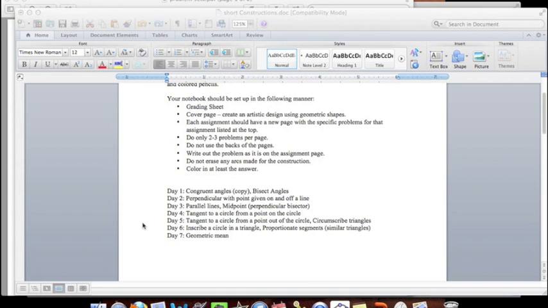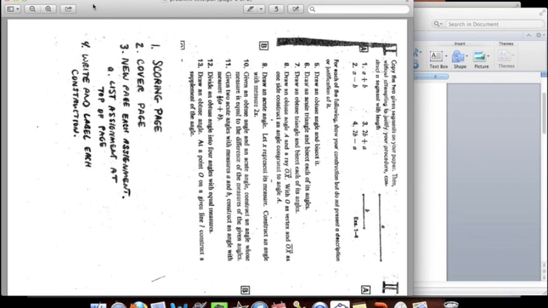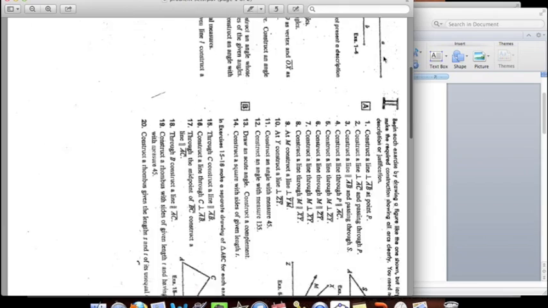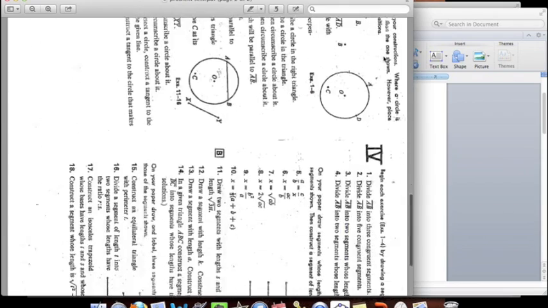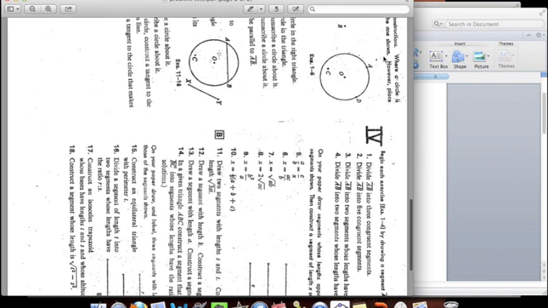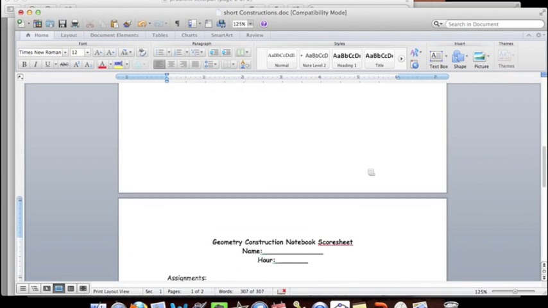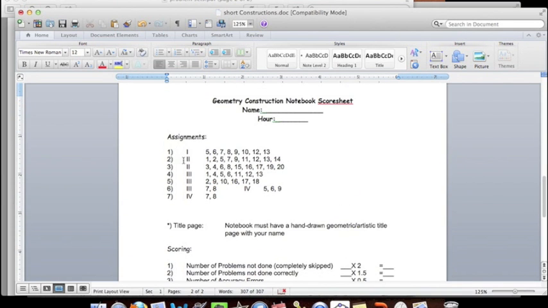All right, so the other sheet that I gave you is your problem sheet. Mine's sideways, but this is what it looks like. At the top of each column is a Roman numeral. So this is Roman numeral 1, and then there's 2, and on the back, Roman numerals 3 and 4. On your assignment sheet, notice that it tells you a Roman numeral first, and then the problem numbers there.